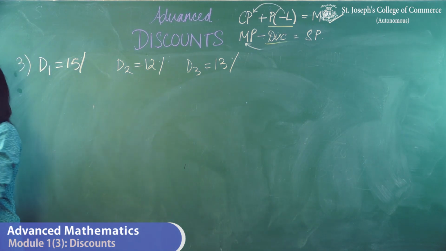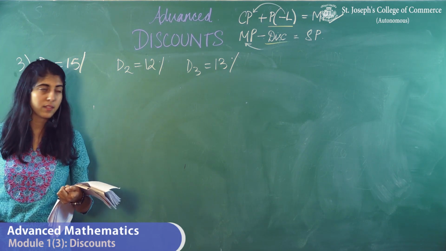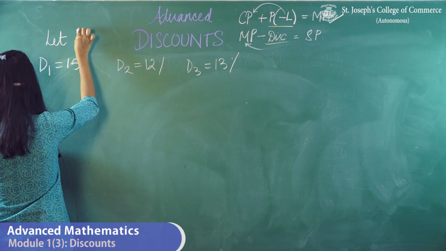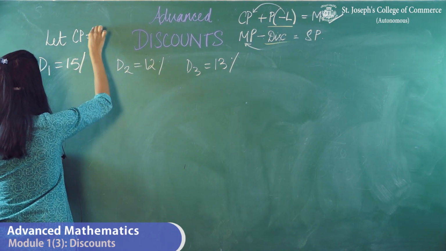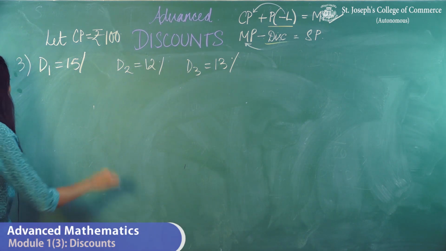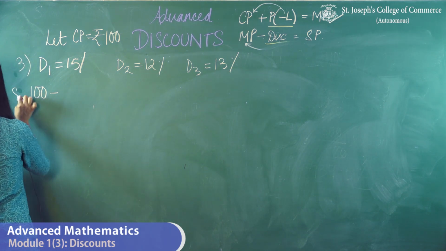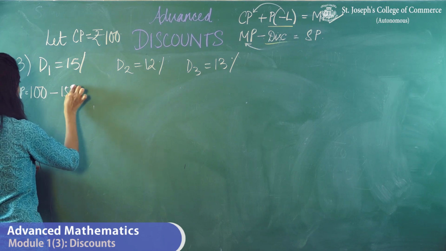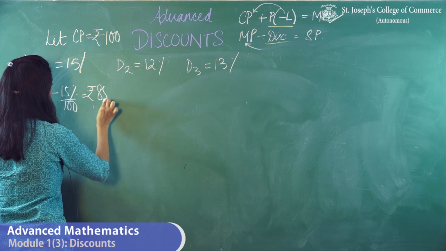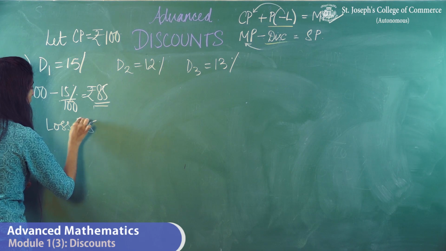Okay? When we solve it, there's no other information that's been given to us, so everything is done on an assumption basis. So let us assume the cost price to be rupees 100. So 100, the selling price would be 100 minus 15% of 100, which will give me 85 rupees. That means the loss over here is 15 rupees.